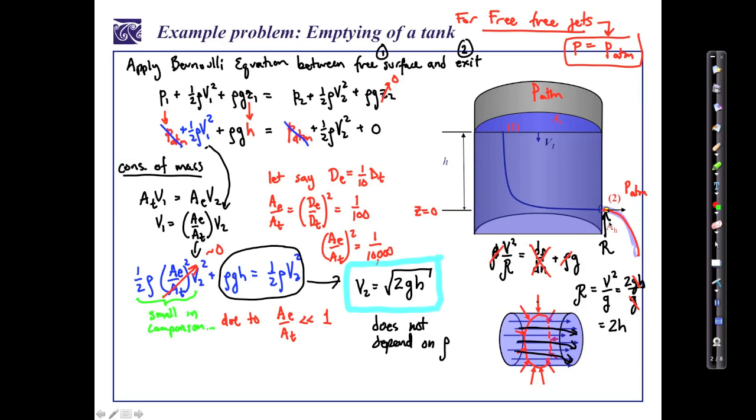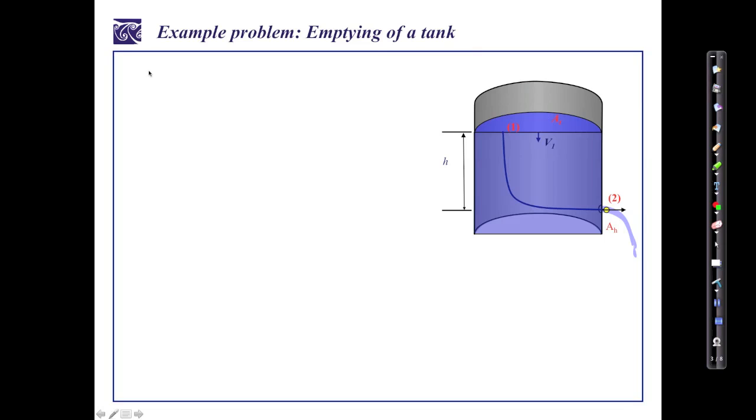Okay, moving on then, we have the exit velocity, and we now need to relate that to the settling rate of the interface. Okay, so we have here V2 is the square root of 2gh. And we also had this relationship that dh/dt is equal to minus V1.